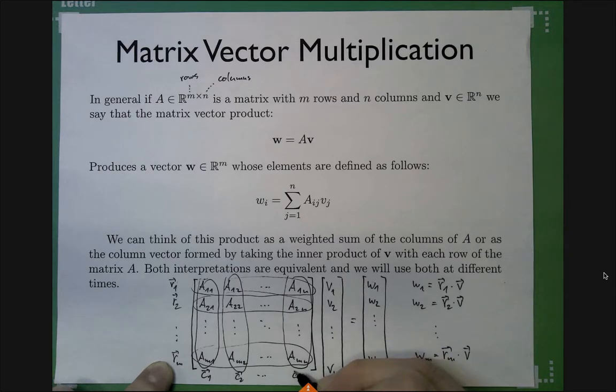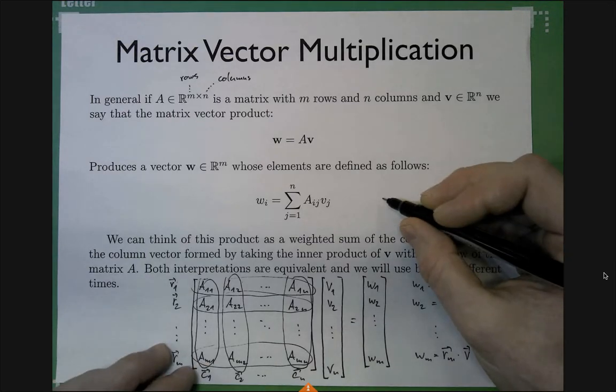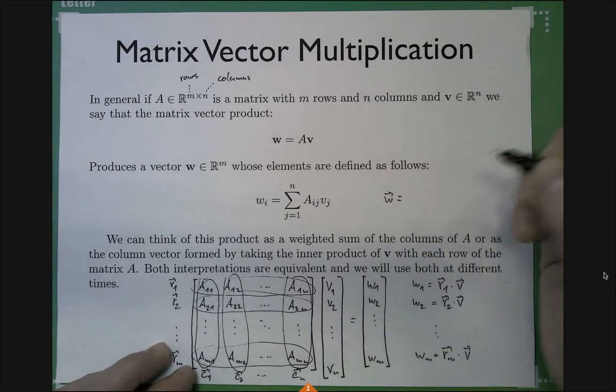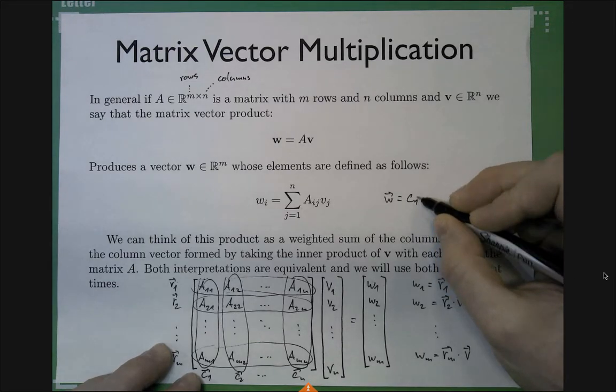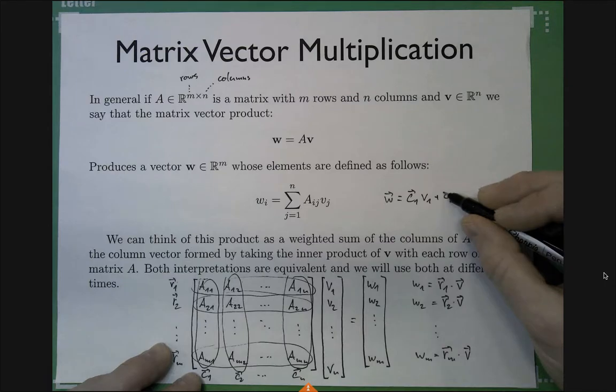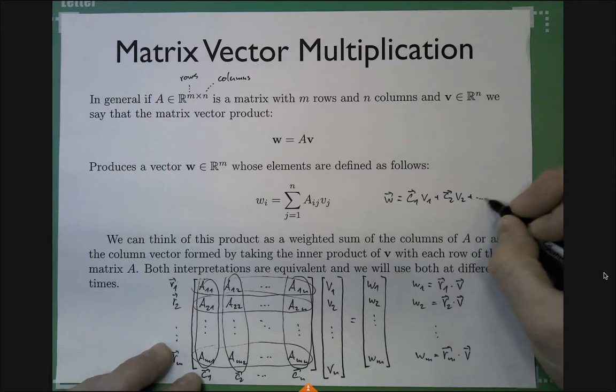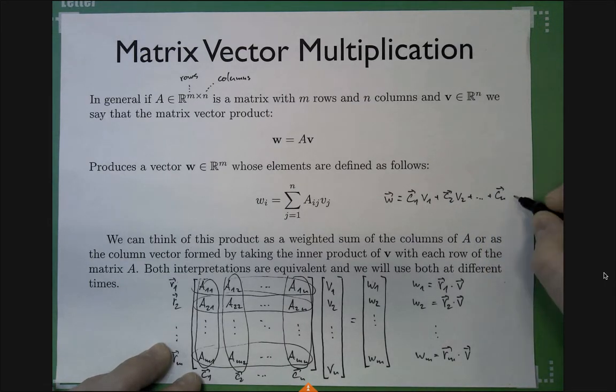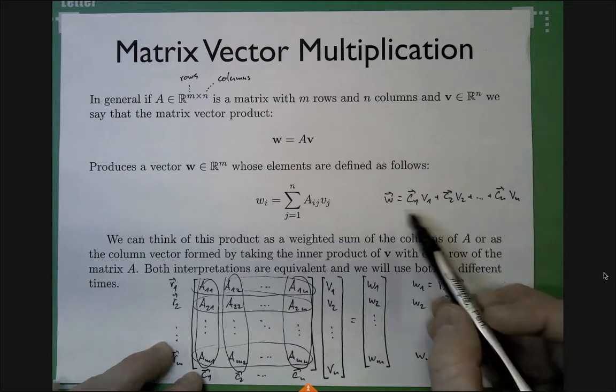N, right? So N columns, Cn. Then I can also write that the vector W is C1 times V1 plus C2 times V2 plus Cn times Vn, where those are just scalar products.